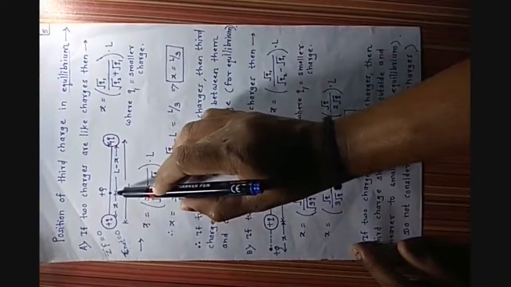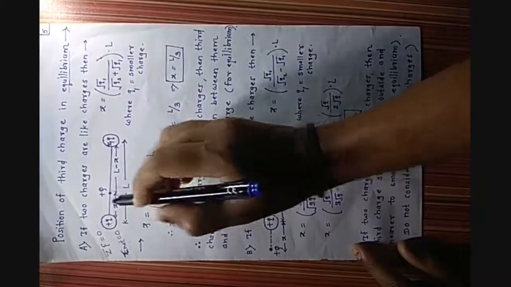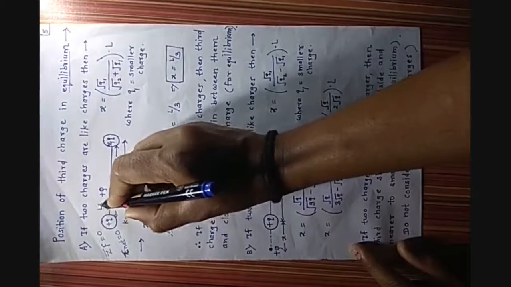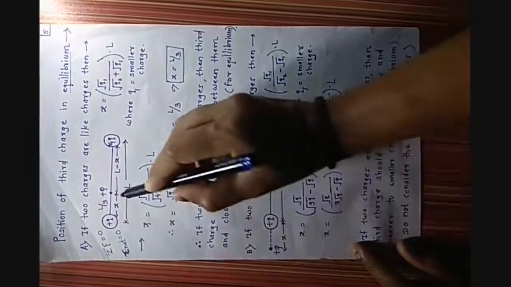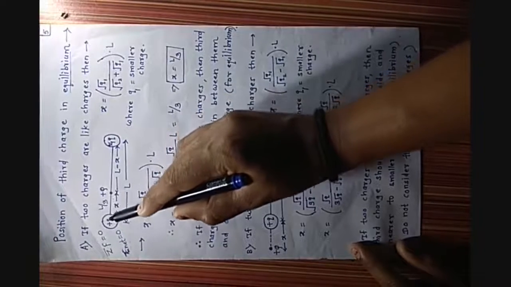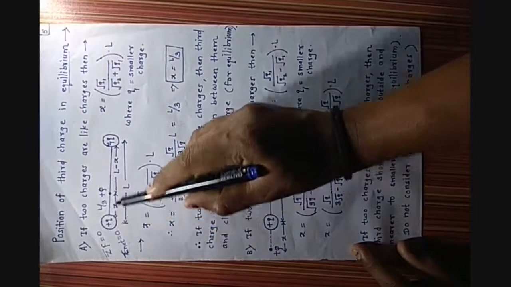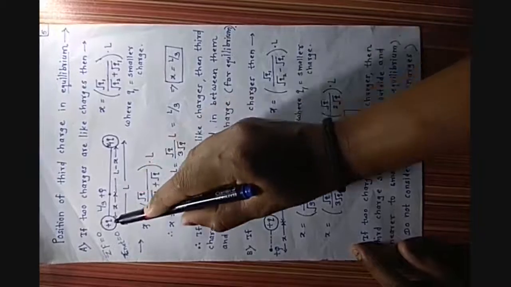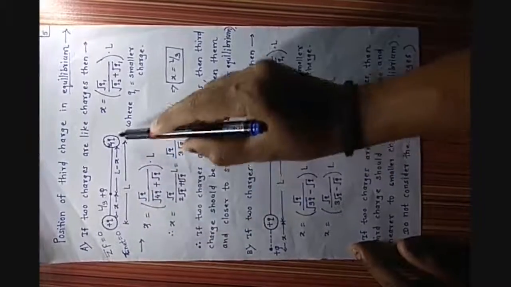So we should keep the third charge at a distance of L by 3 from the smaller charge, and the third charge will be in between the two like charges.